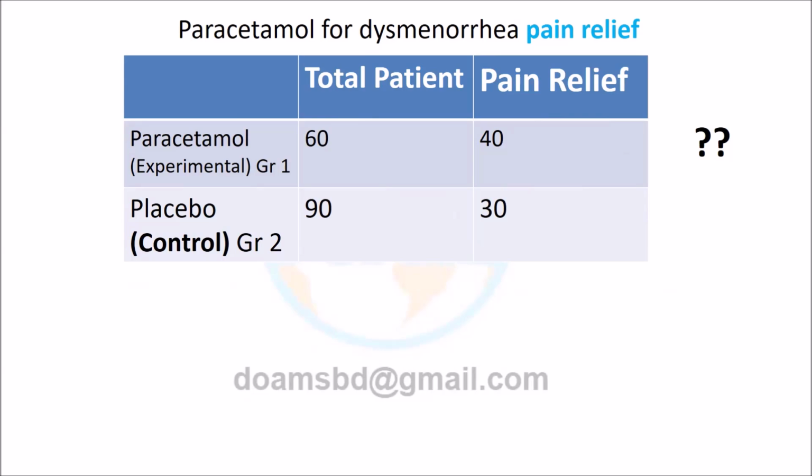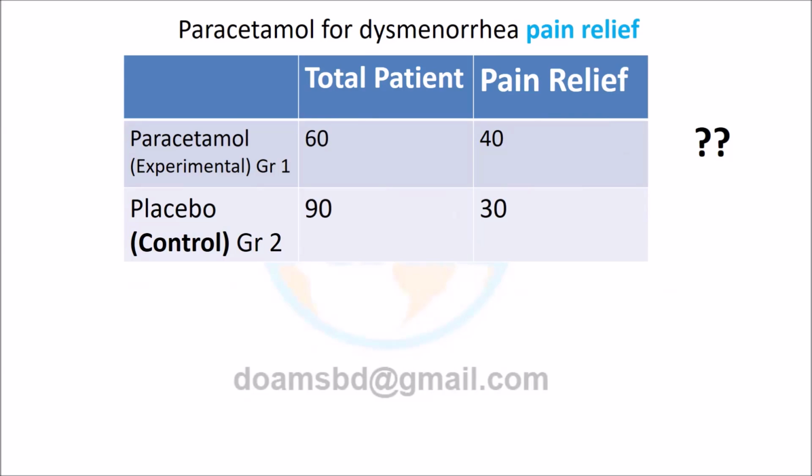We are reading the odds in a different way. Again in the placebo, pain relief 30, pain not relieved 60. So now you can understand that in the paracetamol group, there are 2 outcomes, one incurring the outcome and another non-incurring.